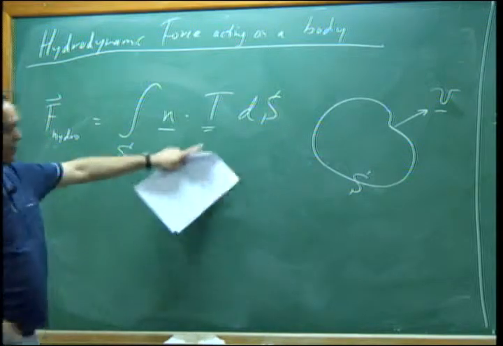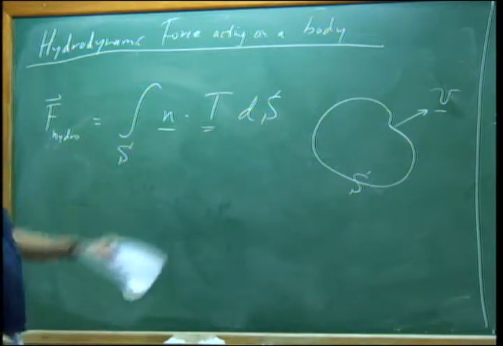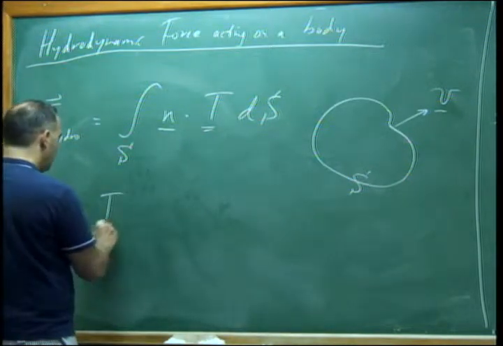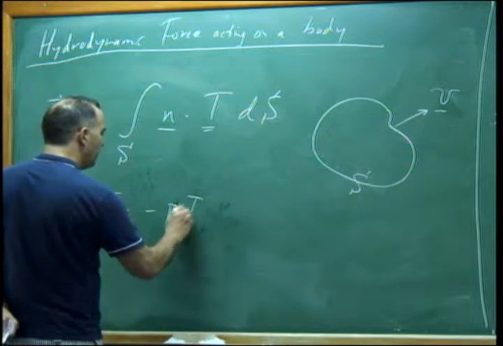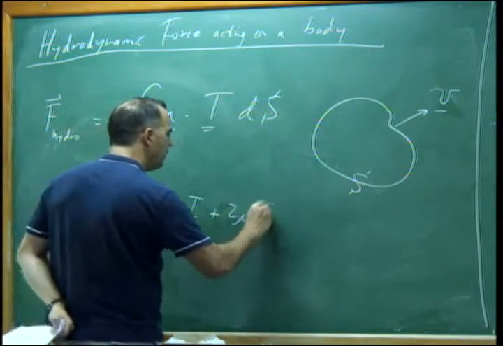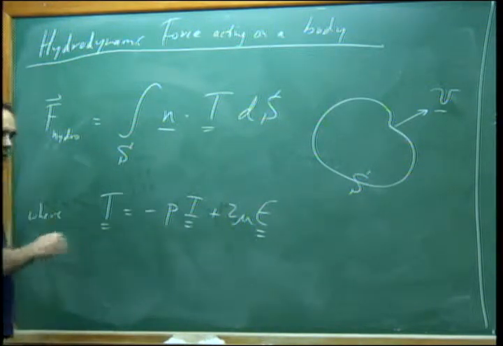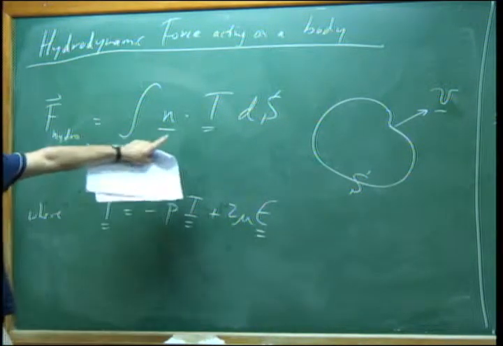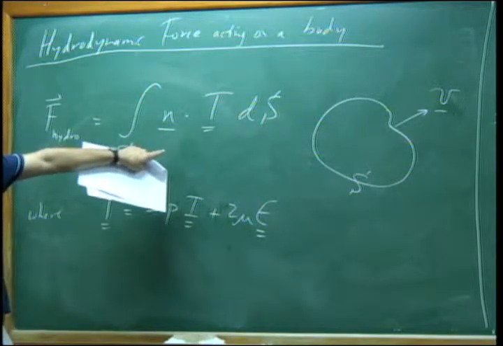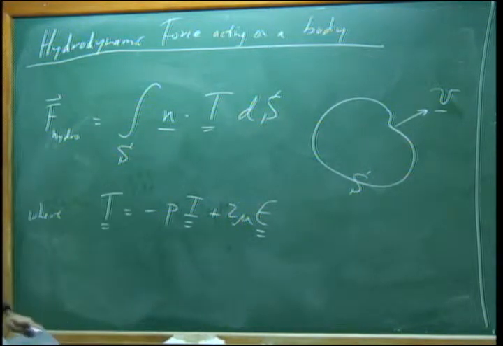So basically what you have to do is solve for the flow. Again, T equals minus P I plus 2 mu E. So you have to solve for the state of stretch within the fluid. Then by taking its normal projection and integrating over the surface of the body, you get the hydrodynamic force which acts on it. Okay?